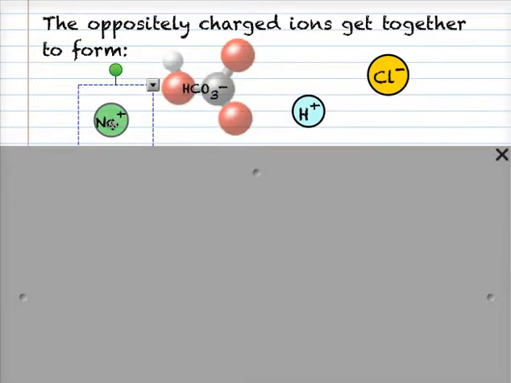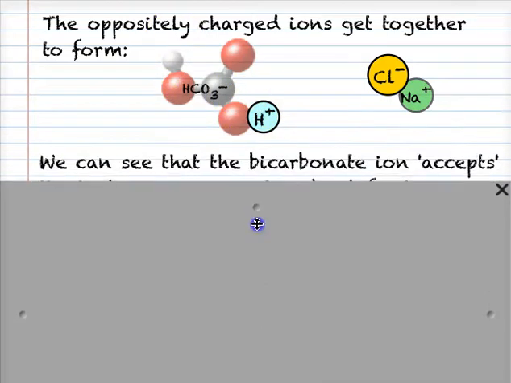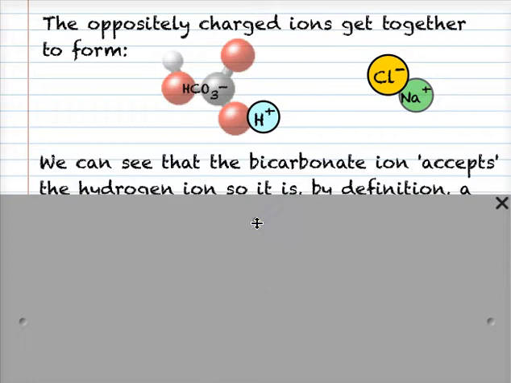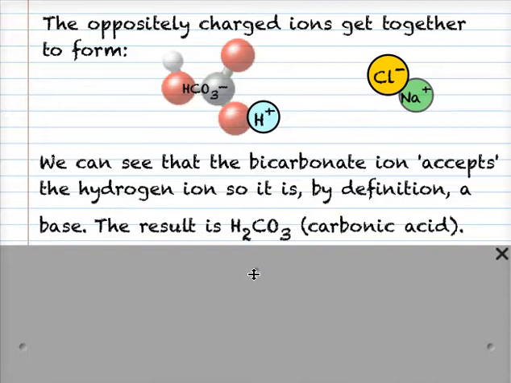So we have the sodium ion, which teams up with the chloride ion, and the hydrogen ion, which teams up with the bicarbonate ion. So now we've got our salt, which was one of the products, and we have this thing here, which must be H2CO3. So you can see that the bicarbonate ion accepts the hydrogen ion, so it is by definition a base, because a base by definition is a hydrogen acceptor.